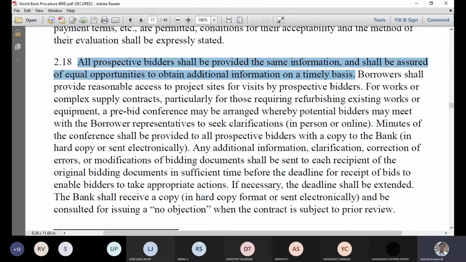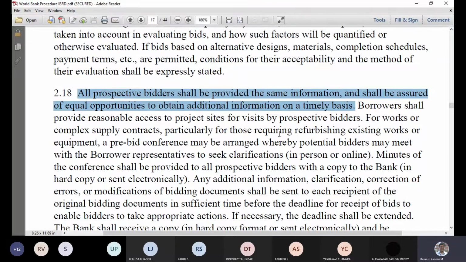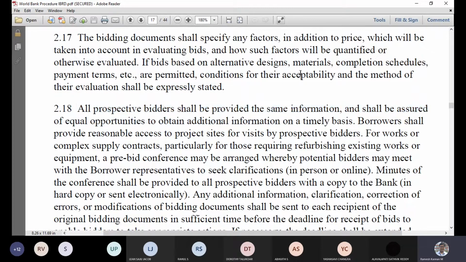So this is also very important. It's not that only the person who asked gets it. All the information should be available to all the bidders. Then only will they have a clear, unbiased bid.